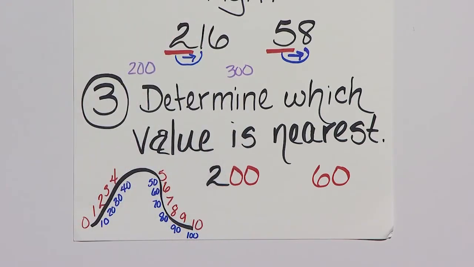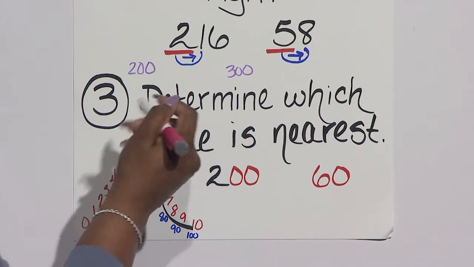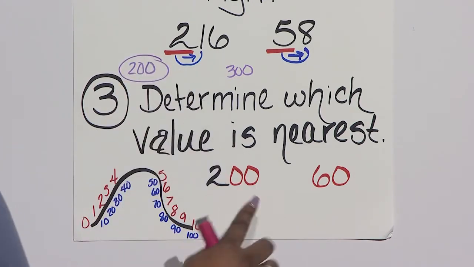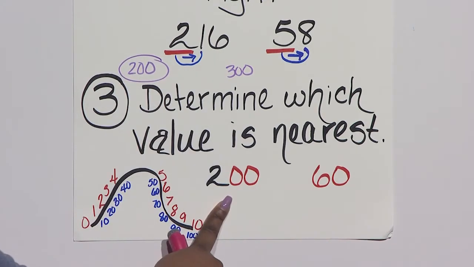Because the 1 represents a 10. So now let's look. If this is 200 and this is 300, 10, 20. 20 is closest to what? My 200. And that's how I get 200 here.